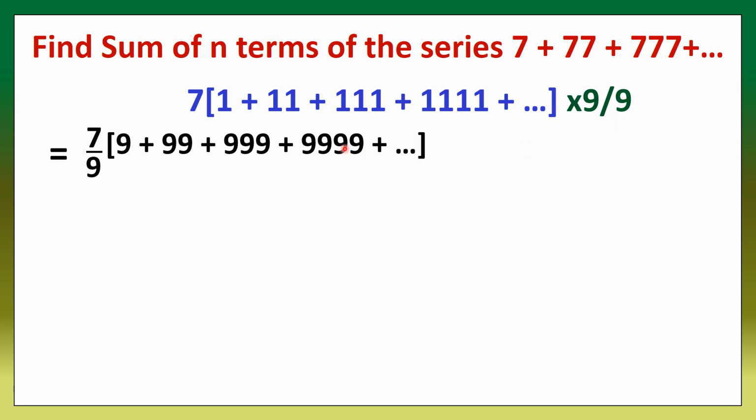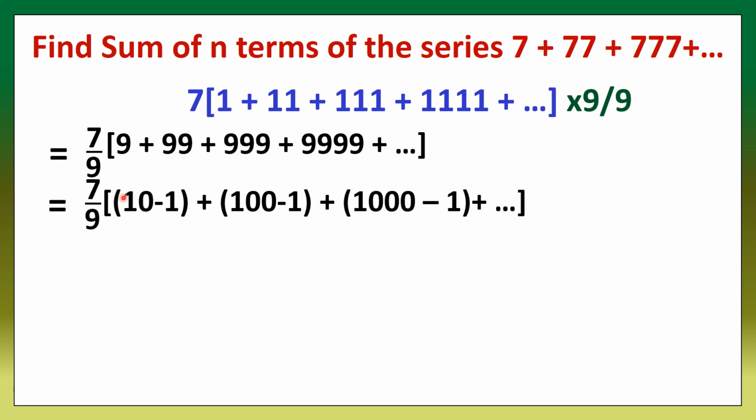Instead of dividing the whole terms by 9, we are taking it outside as common and keeping it there as 7 divided by 9. The numerator, that is the multiplication by 9, we are doing inside the bracket and we are not taking it outside because we need it for converting these terms into GP. And this divided by 9, we are keeping it outside as such to be considered after all the equations have been done.